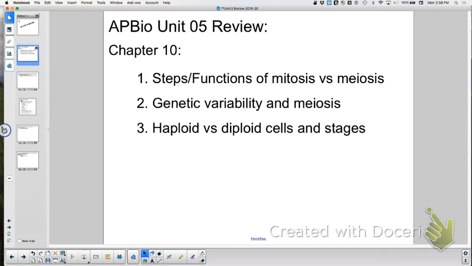So first, should we review the stages a little bit? Okay? It does not matter whether you are talking about mitosis or meiosis. You should be able to say, okay, first stage is always prophase, metaphase, anaphase, telophase, cytokinesis, which happens during telophase. Perfect.